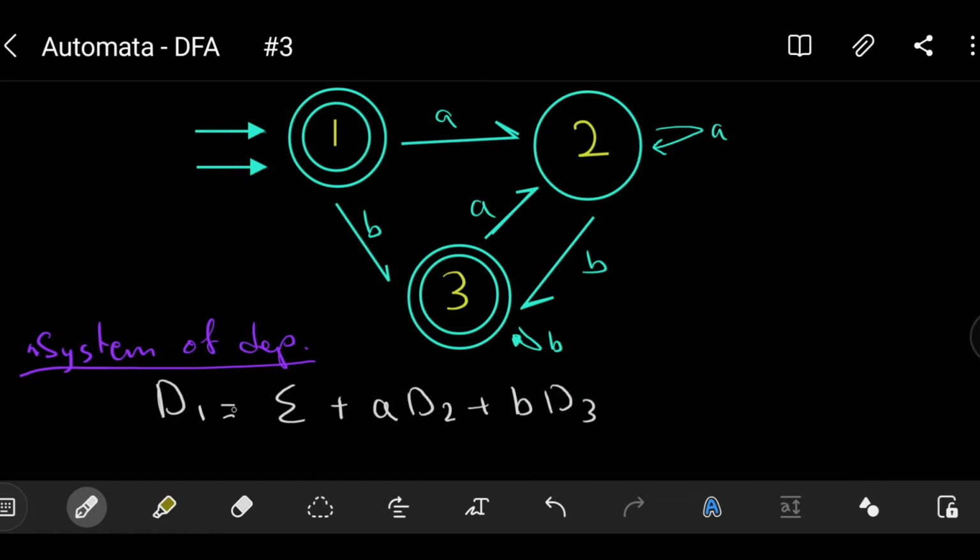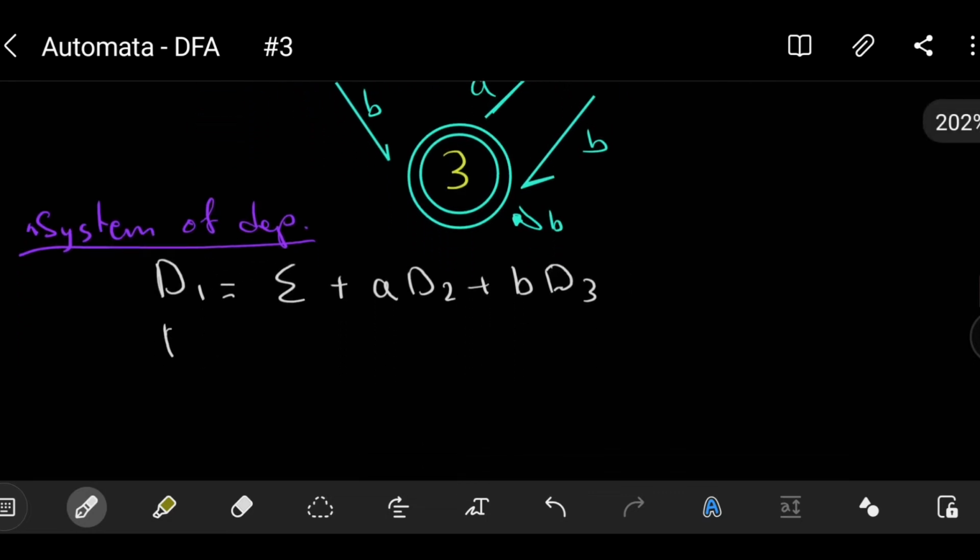The derivative is starting with the initial state, which consists of the epsilon, and if I want to go from state 1 to state 2, I would press the A, so A D2, and if I want to go to 3, D3, I would press the B, so B D3. Okay guys, this is the D1.